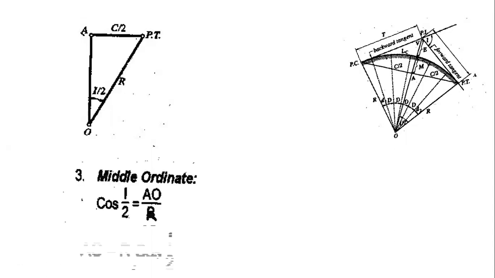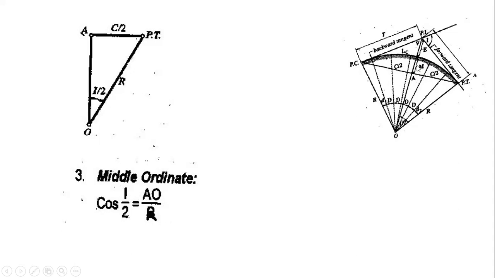Okay, next formula is the middle ordinate. The middle ordinate is the segment here. This time we're considering this triangle obtained from this one, the O to point A, PT.